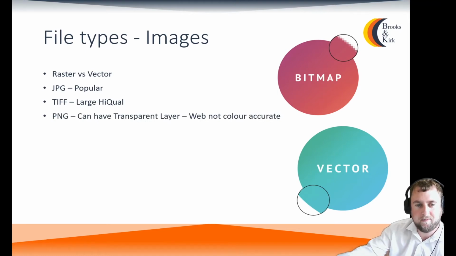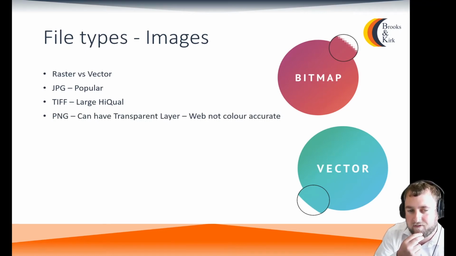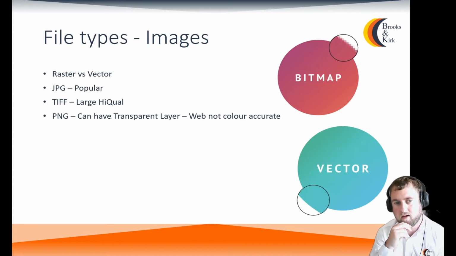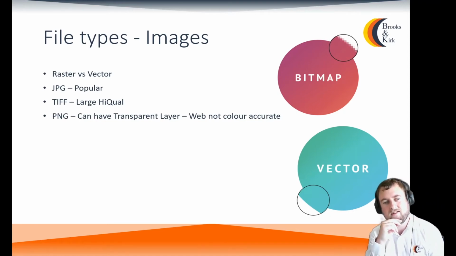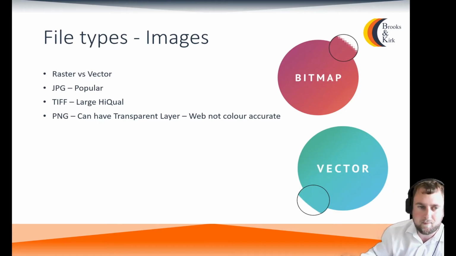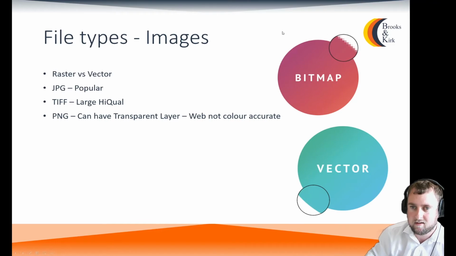A PNG, you can actually have alpha layers in PNGs. So really good. An alpha layer is a transparency layer. So instead of a bitmap having a complete square and then hard coding the white, you can actually give an alpha layer which is completely transparent. So really useful if you're chucking it on a website or something.